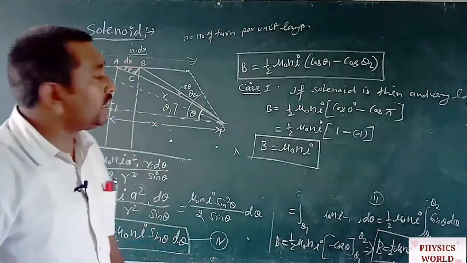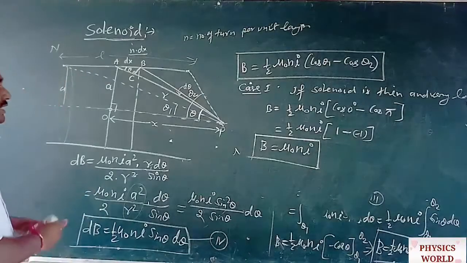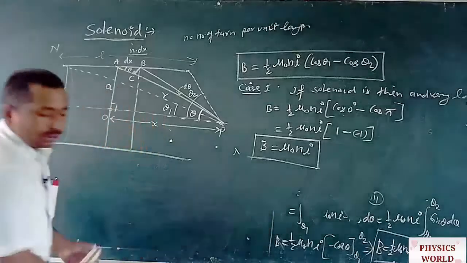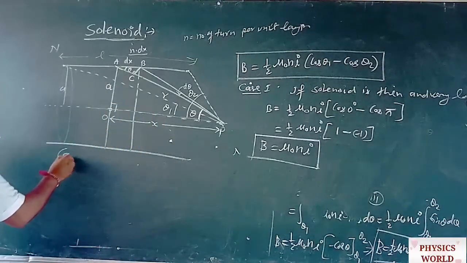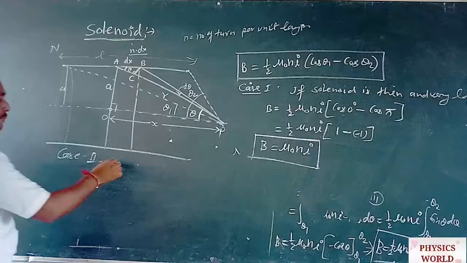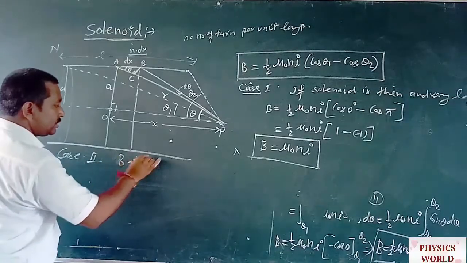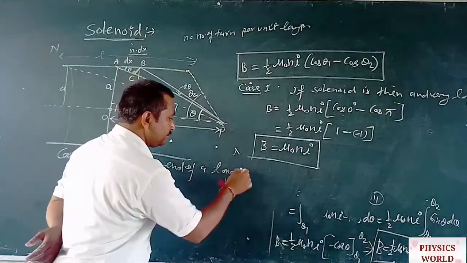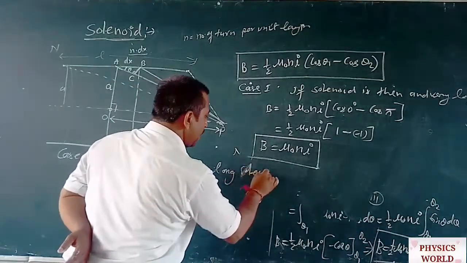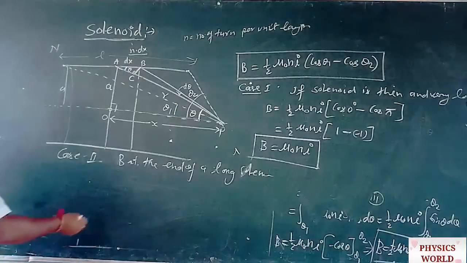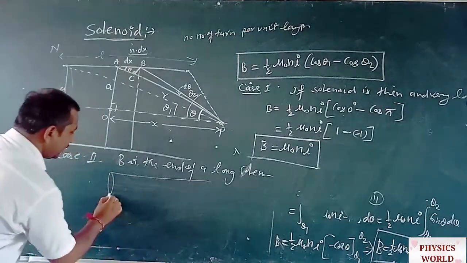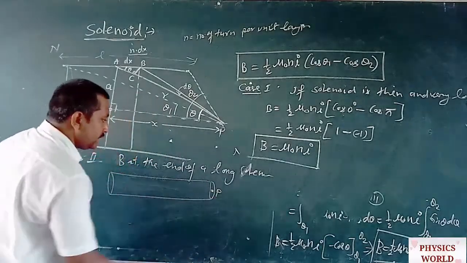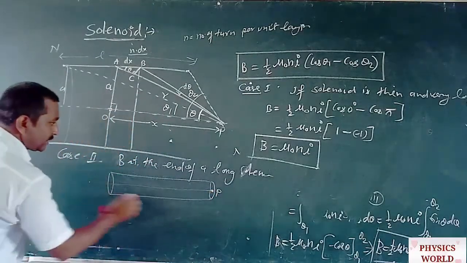Now if you want to calculate the magnetic field at the end of the solenoid, what will be the value? So, case 2, the magnetic field at the end of a long solenoid. If we assume this is a very long solenoid and we want to calculate the magnetic field at this point P, then this is the axis of the solenoid.